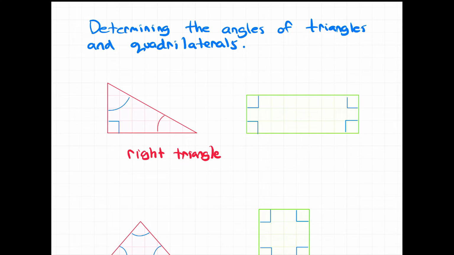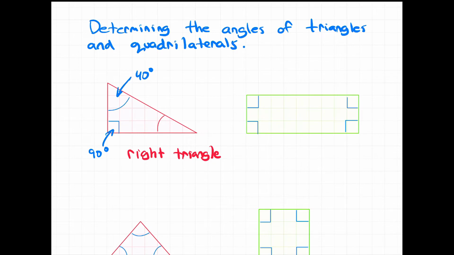And how do I know it's a right triangle? Well, I can see that it's got a square in that corner telling me that that has an angle of 90 degrees. Now, to determine the other 2 angles, I would at least need to know what one of the other angles is. So in this case, if I look at this angle that's up top here, it's definitely less than 90, so it's an acute angle, close to 45 degrees. I'll call it 40 degrees.